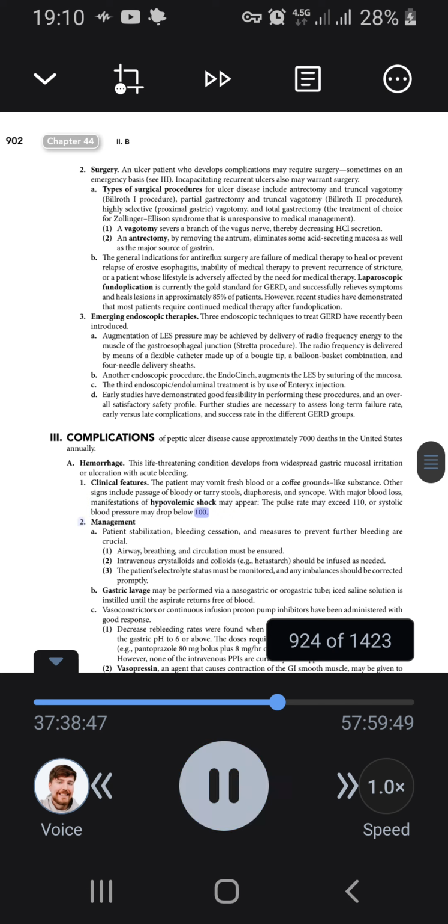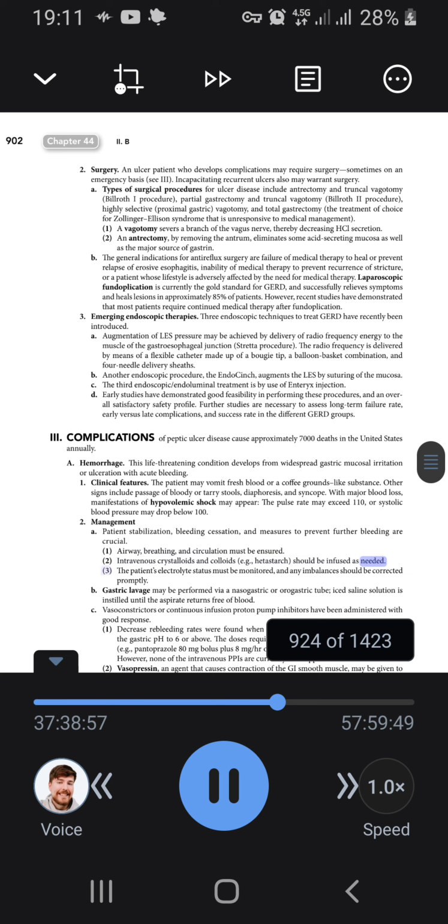2. Management. Patient stabilization, bleeding cessation, and measures to prevent further bleeding are crucial. A. 1. Airway, breathing, and circulation must be ensured. 2. Intravenous crystalloids and colloids, for example, Hetastarch, should be infused as needed.